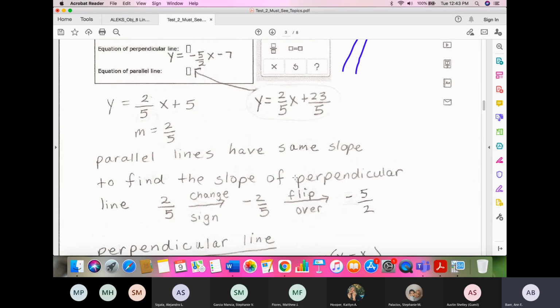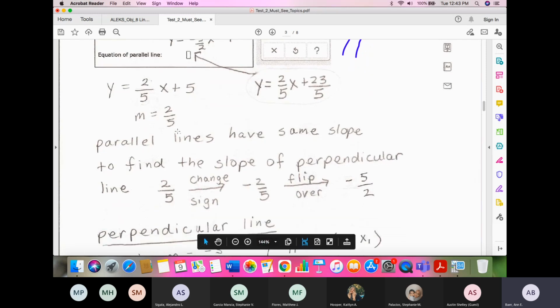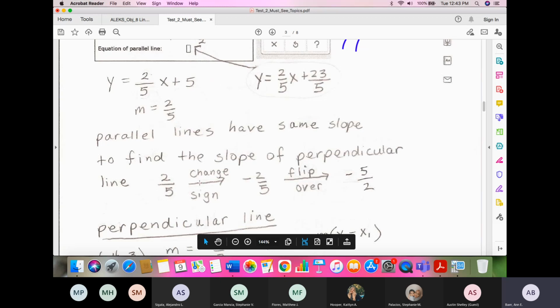To find the slope of a perpendicular line, you want to start with this slope of 2/5. You want to change the sign. It's positive, so it's going to change to negative. If this were negative, it would change to positive. But this is positive in our problem, so it changes to negative.